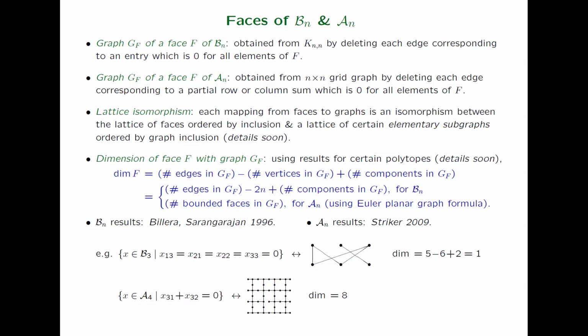So we know that the number of vertices is actually fixed. So for the complete bipartite graph K_{n,n}, there's 2n vertices. So for B_n, it's just number of edges minus 2n plus number of components. For A_n, we've got a planar graph, this grid graph.